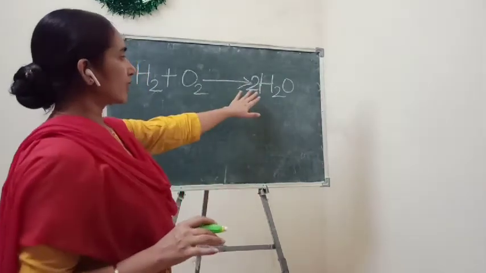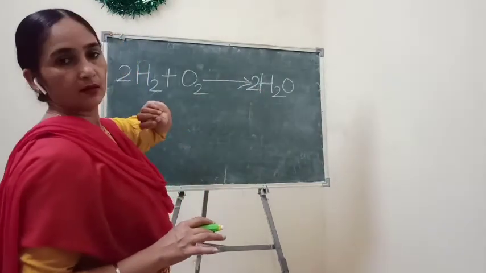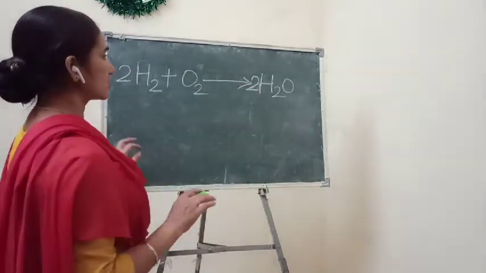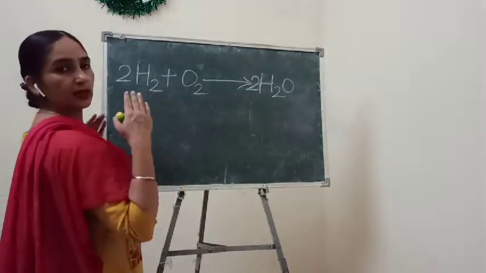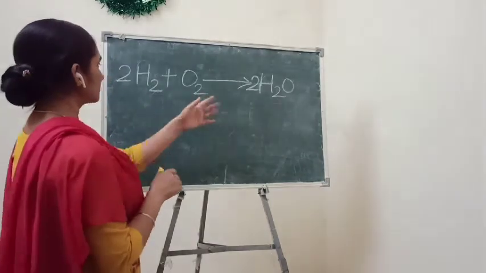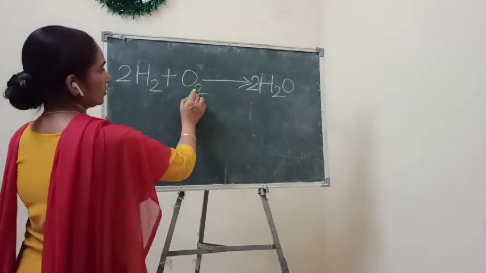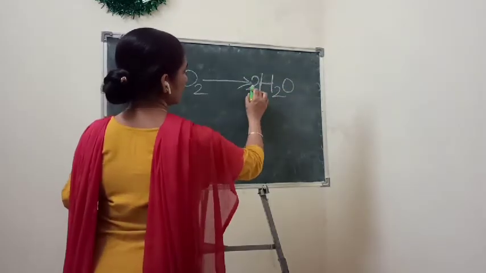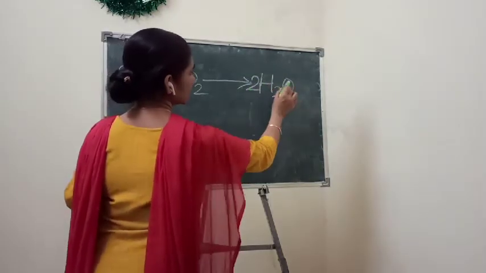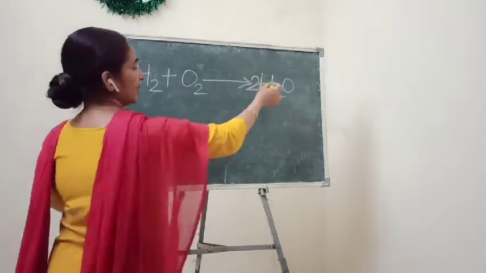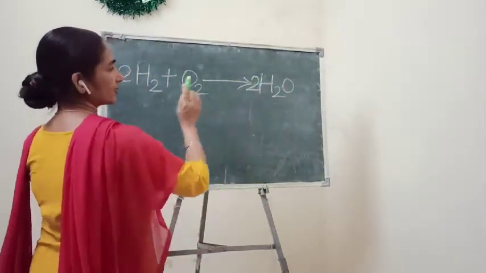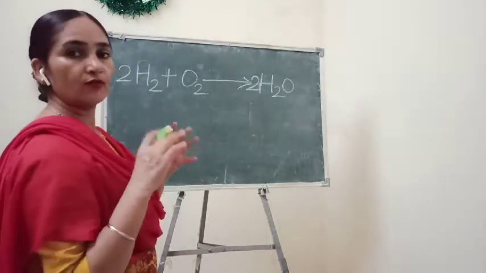So in this way we can see that this equation is now a balanced equation. You can count the number of oxygen on both sides. You see 2 oxygen here, and here also 2 oxygen, because this number is written for the full formula. I told you that if we write this number at the front, it is meant for the full formula.